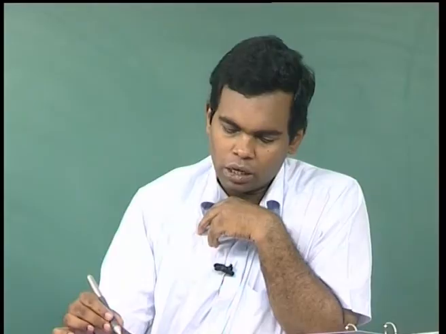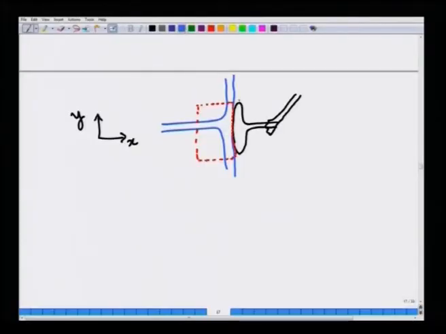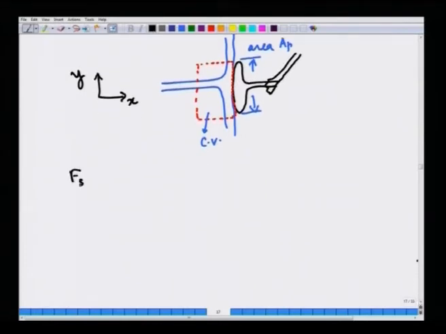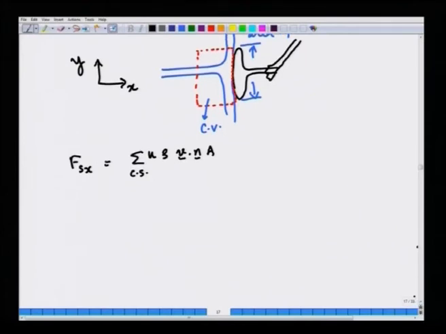Okay. Now, let us call this area AP, and this is our new CV. We are going to apply the momentum balance now. Fsx, everything remains the same as before: uniform flow assumption, pressure being atmospheric. Now, what is Fx here?